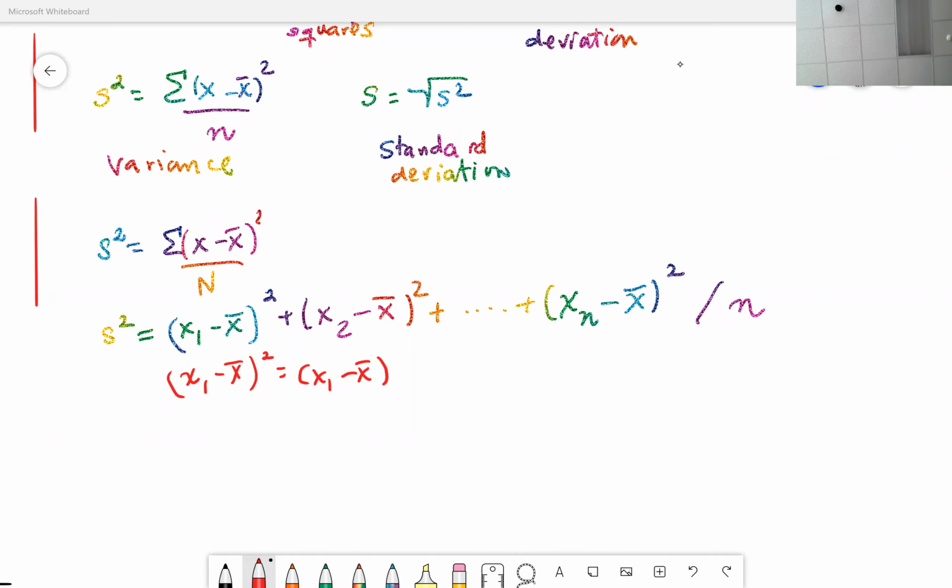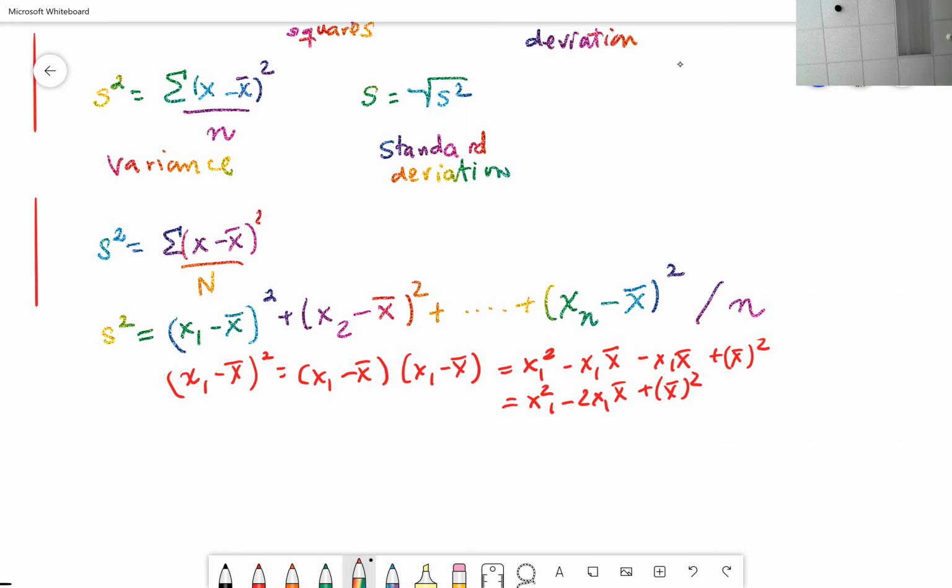So if you take a look at this, if you do x of 1 times x of 1, you get x of 1 squared. And if you do x of 1 times negative x bar, it's negative x of 1 x bar. If you do it again, that's another x of 1 x bar, and then plus x bar squared. You can combine these and end up with negative 2 x of 1 x bar plus x bar squared. So that's what happens when you expand that.